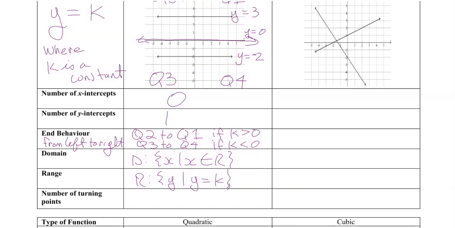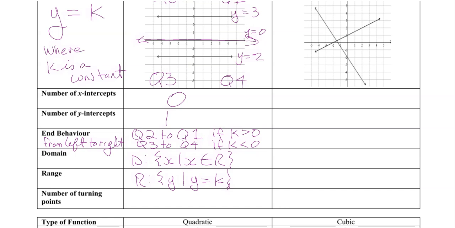It's just that number. So if you're looking at y equals 3, this horizontal line, then your range is 3. That's it. What's the range? 3. What's the range of the one down below there? -2. What's the range of the one you just drew? 0.